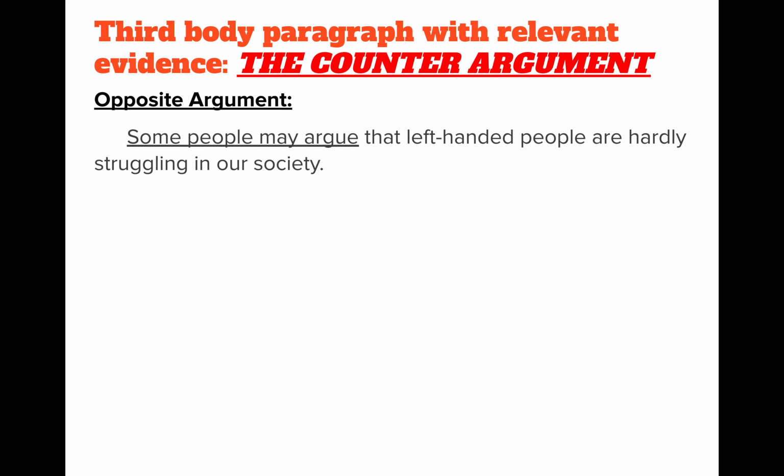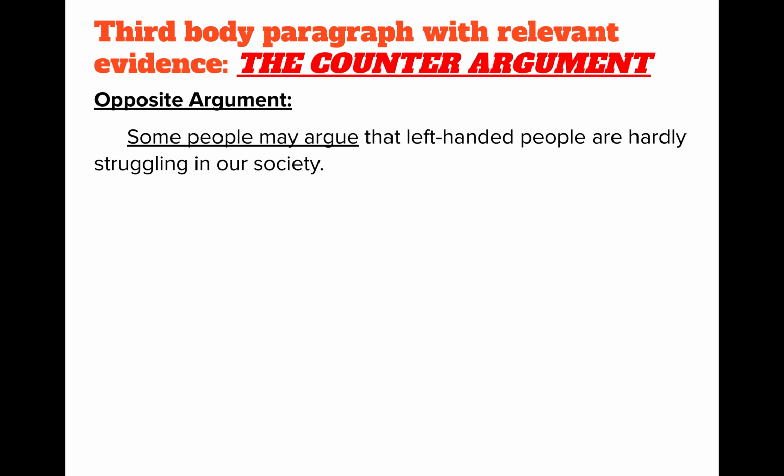The opposite argument for my thesis about left-handed people starts with a sentence starter, and you can use this as well: Some people may argue that left-handed people are hardly struggling in our society. If I'm trying to argue that left-handed people don't have it great and actually have a lot of struggle, some people may argue that that's not true and that left-handed people should just quit whining. I want to point out how I introduced this opposite argument.